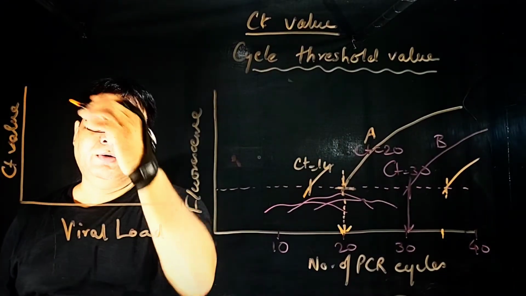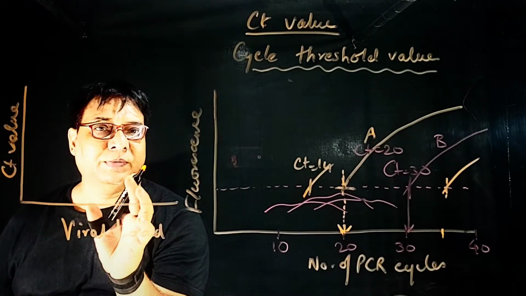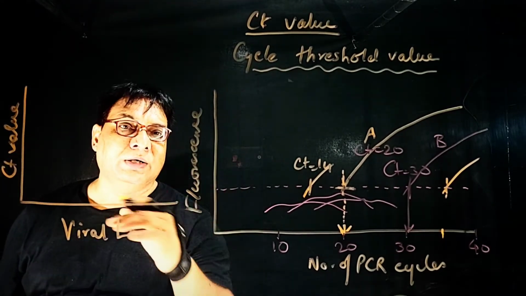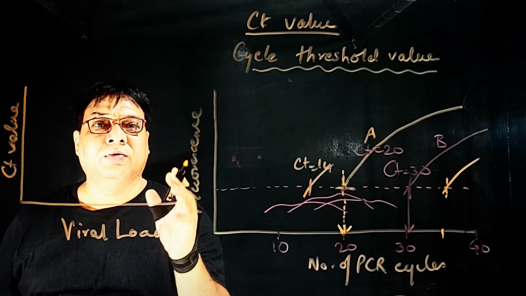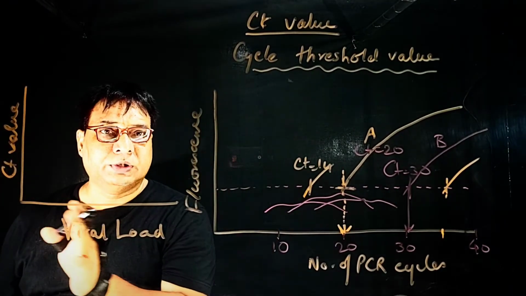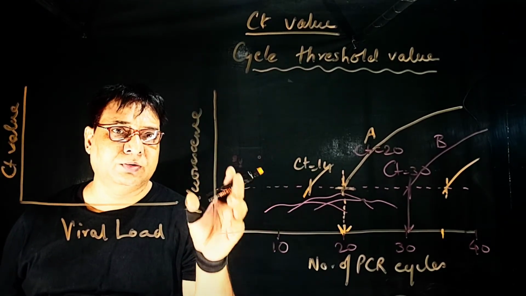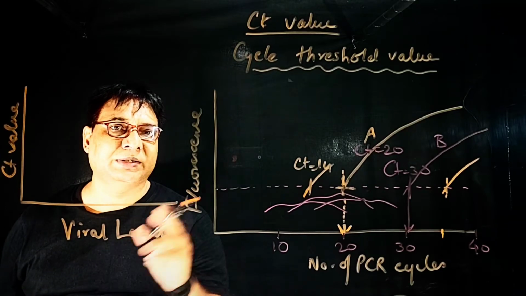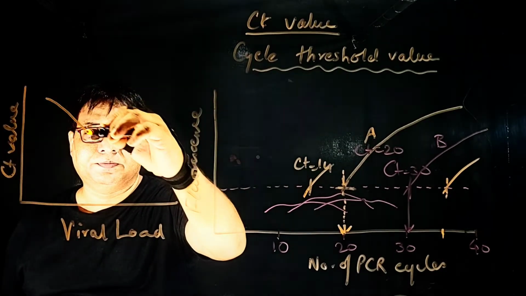At the initial stage of your disease, your viral load will be less. When the infection is in the middle stage, at the peak level, your viral load will be high. So if you do your RT-PCR and measure the CT value, you will find that it is decreasing like this.